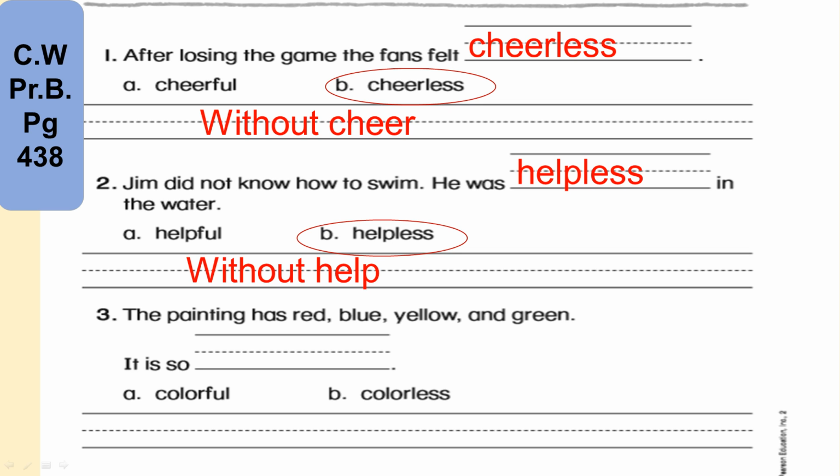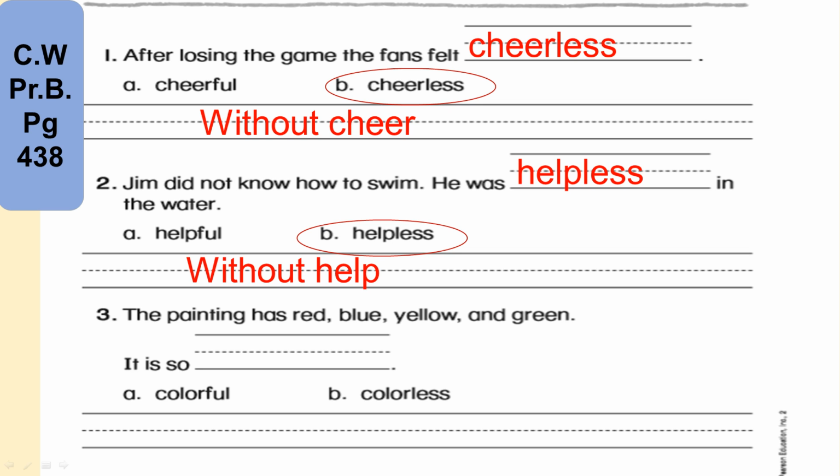The last sentence here. Let's read together sentence number 3. The painting has red, blue, yellow, and green. We have many colors in the painting. So it is so what? Colorful, full of color, or colorless, without color? Who can tell me? Colorful means full of color.